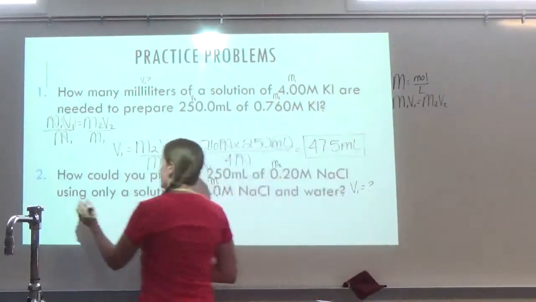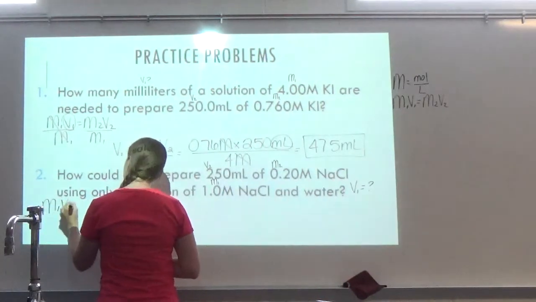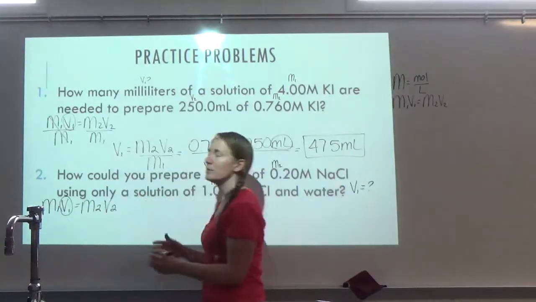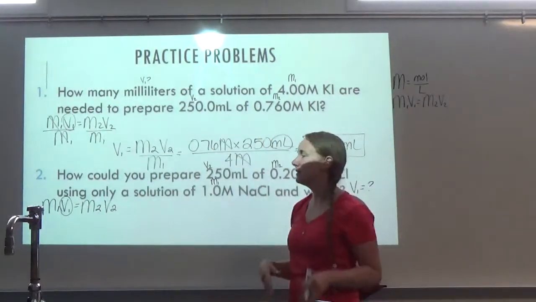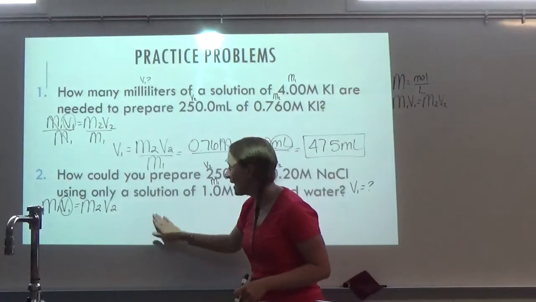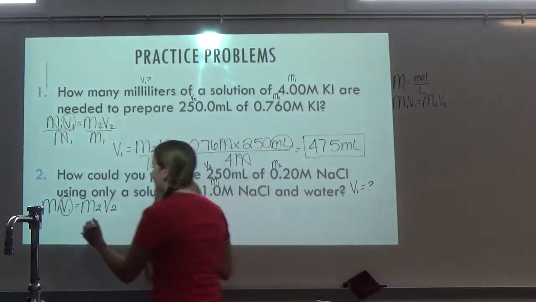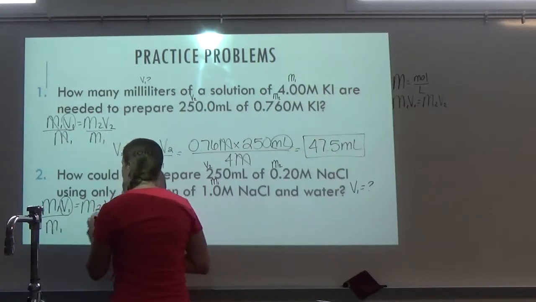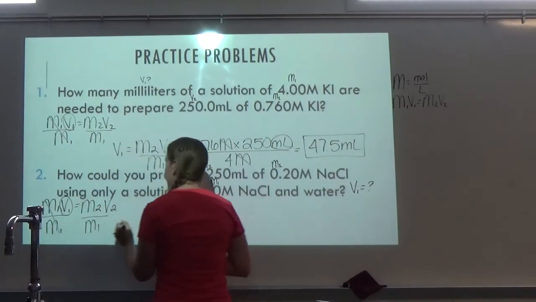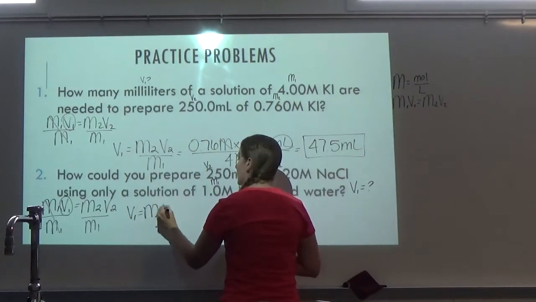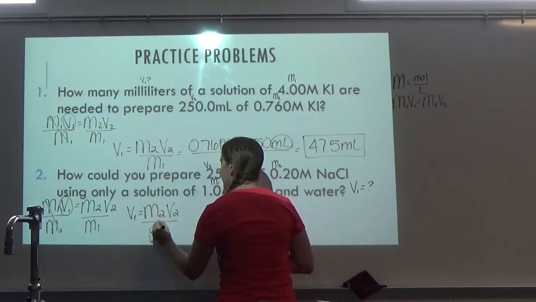All right, so I start with my formula, M1V1 equals M2V2. I'm solving for V1 again. That's just a pattern that I didn't really mean to happen. You don't always solve for V1, but I get those patterns sometimes. So I divide both sides by M1. So V1 equals M2 times V2 divided by M1.